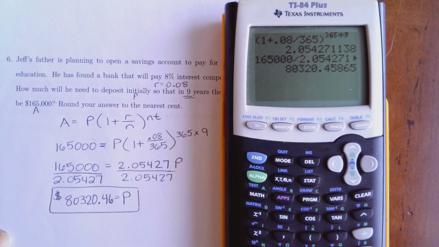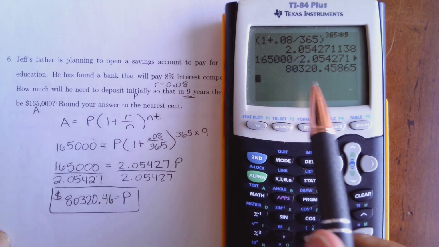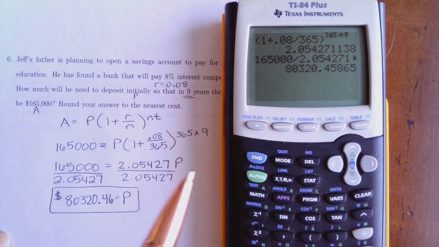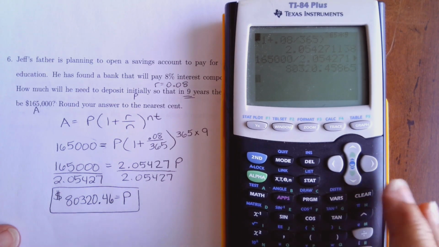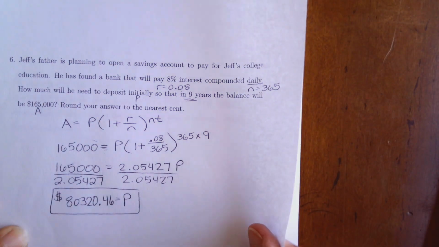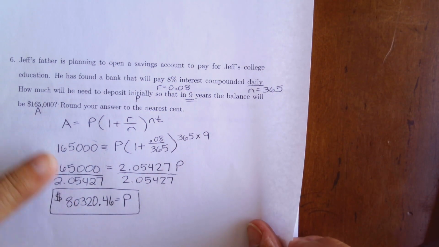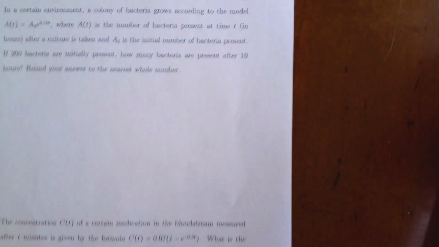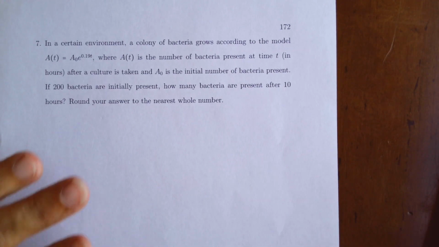So just use copy and paste, or at least go 4, 5, 6 places out if you don't have the capability to do that. Okay? All right. So that's how much you have to put in the account now, so that in 9 years, that's how much you'll be in. Okay? All right, last page, number 7.